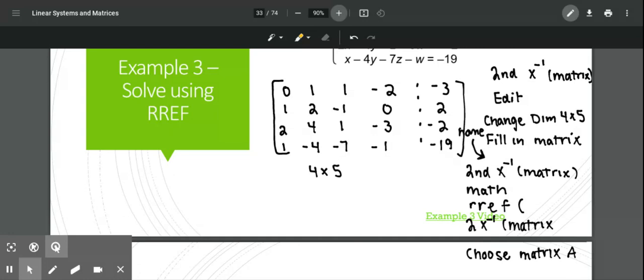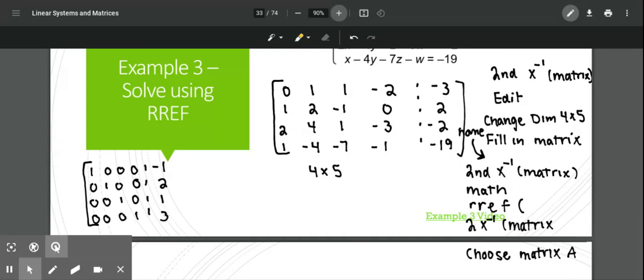And so then you chose matrix A, and then you hit Enter, and you get this new matrix that looks like this. It's 1, and then we have 3 zeros, and then a negative 1, and then 0, 1, 0, 0, 2, and then 0, 0, 1, 0, 1, 0, 0, 0, 1, and 3.